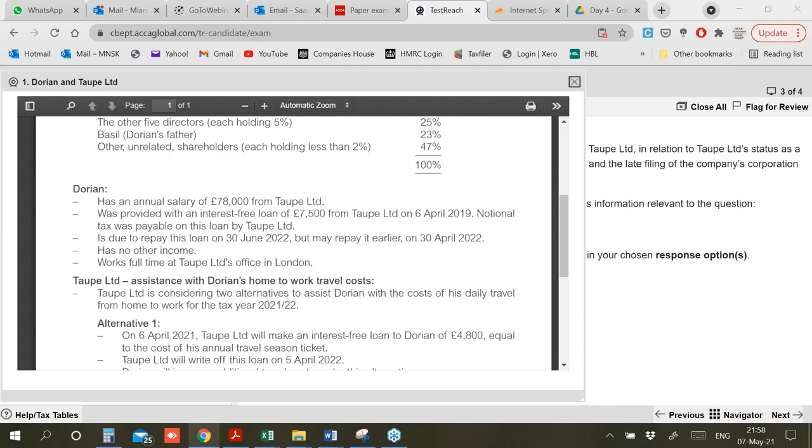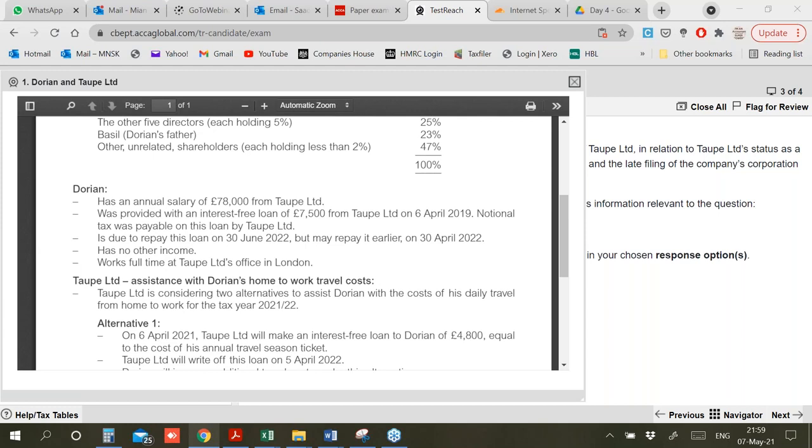If the director actually pays back the loan to the company, we will consider that it was taken for the right reasons and they were not trying to deceive HMRC. So once you make sure that you have paid the money back into the company's bank account, they will return you this notional tax.